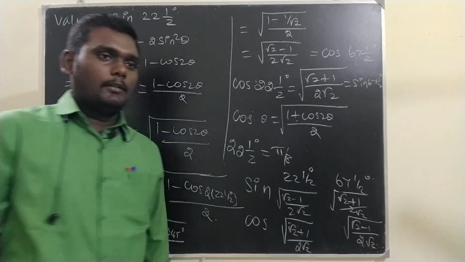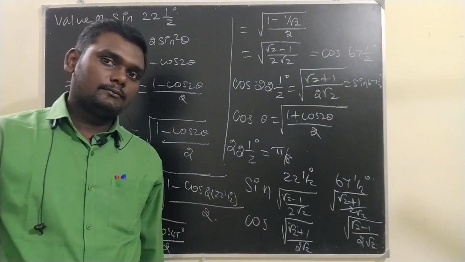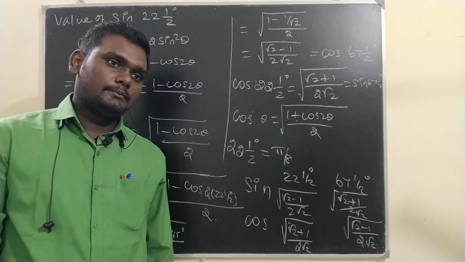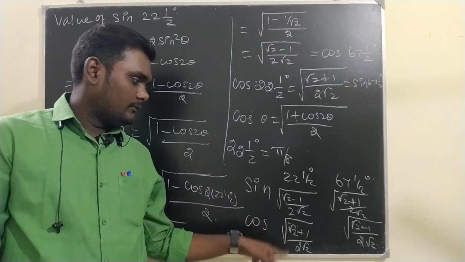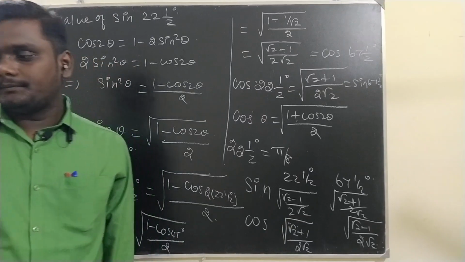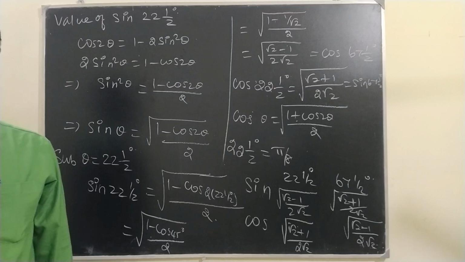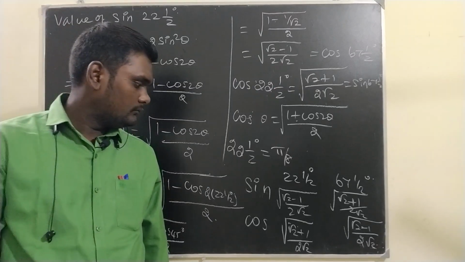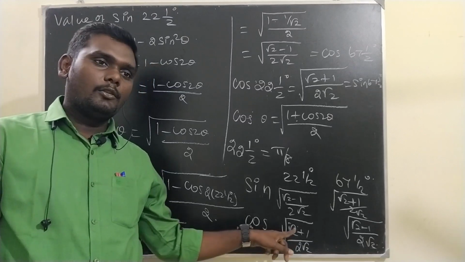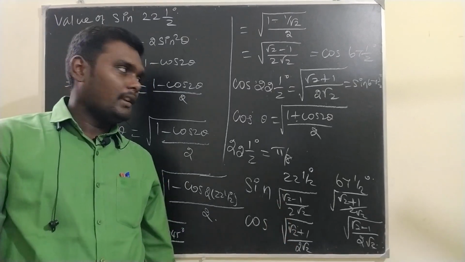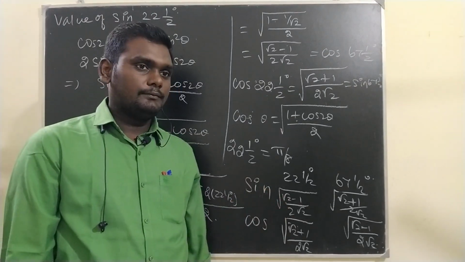Now, what do you think tan and cot values are? Simply sin by cos. These two will get cancelled. Then we'll have root of root 2 minus 1 divided by root of root 2 plus 1. When you take the conjugate, the tan value will come to root 2 minus 1.